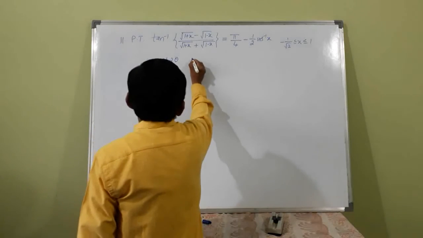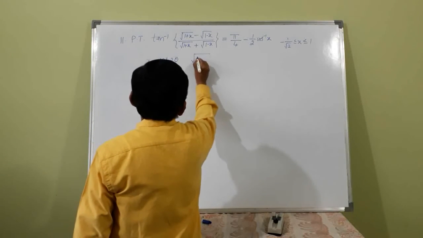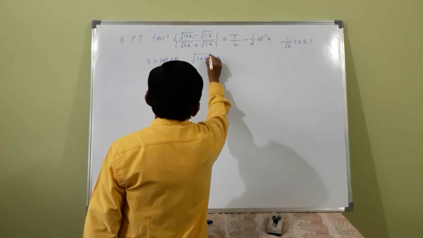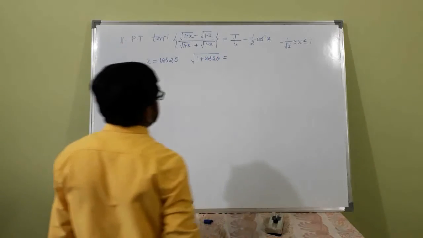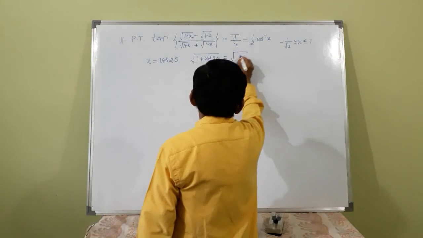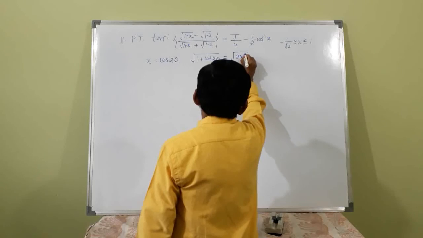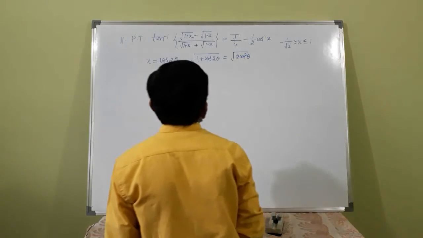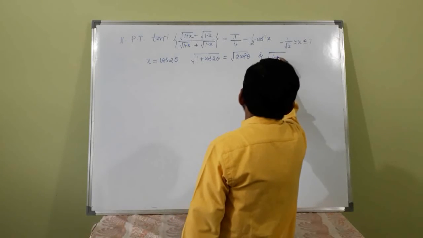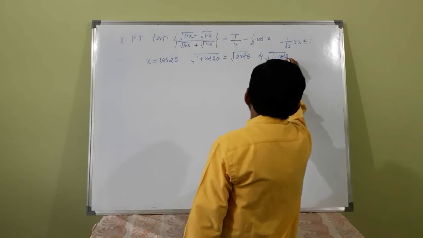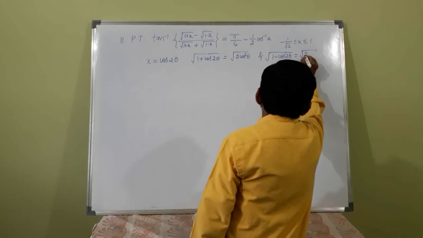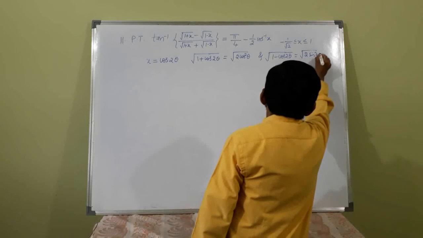Then 1 plus cos 2 theta is equal to 2 cos squared theta, and 1 minus cos 2 theta is equal to 2 sin squared theta.